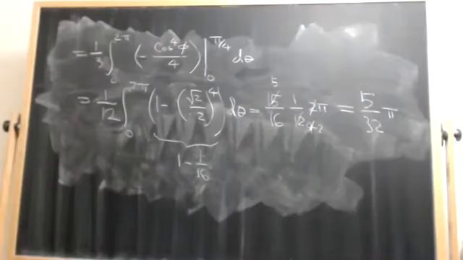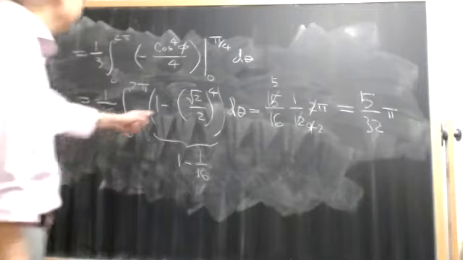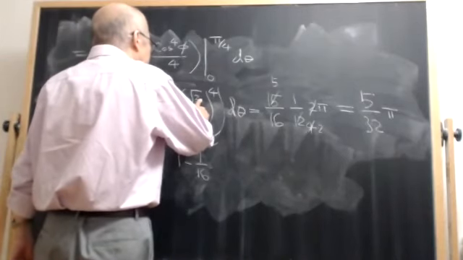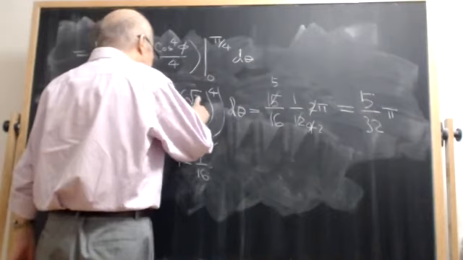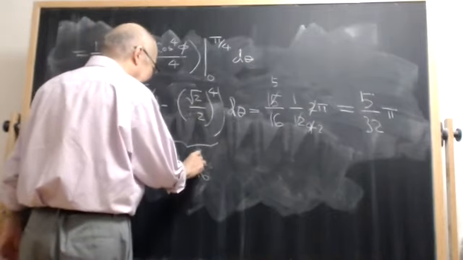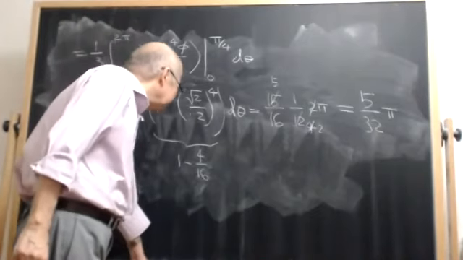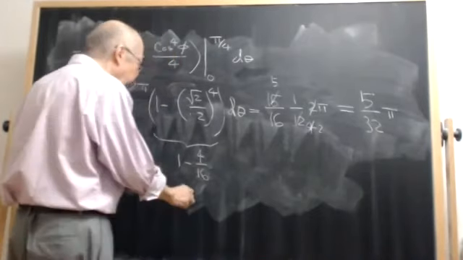Let me see, I think there's something wrong. Yes, root 2 to the 2 is 2, so to the 4 it's 4. Thank you. So it's 1 minus 1/4, which is 3 over 4.